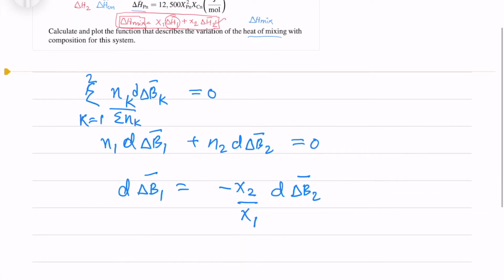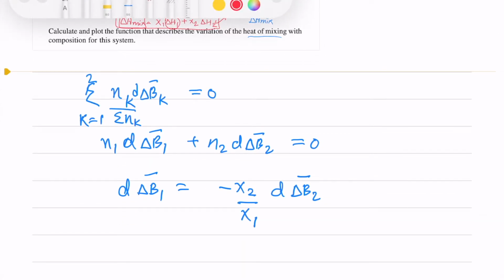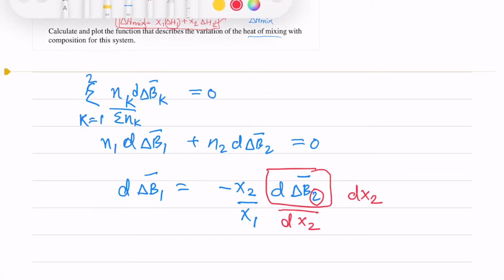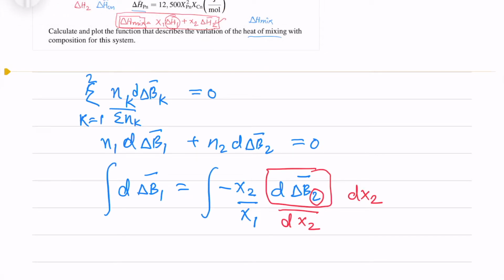Here we have the second component, so we have only one differential. We divide by dx2 and multiply with dx2. Now we can integrate.